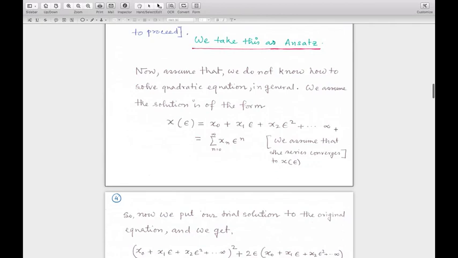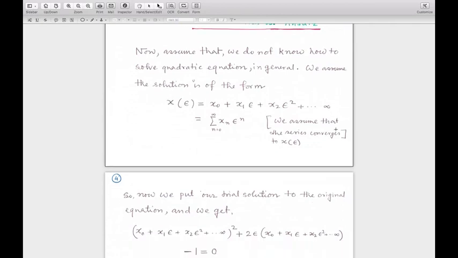First of all, we have to assume that this type of series exists, and as n tends to infinity you can write that as a summation over xn times epsilon to the power n ranging from 0 to infinity. The assumption is this series exists and converges to the real solution of the perturbed equation when n tends to infinity.